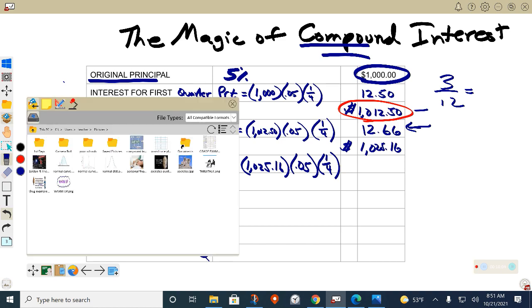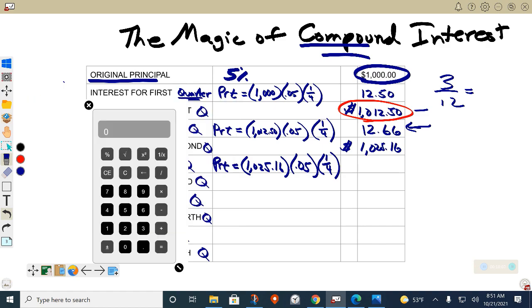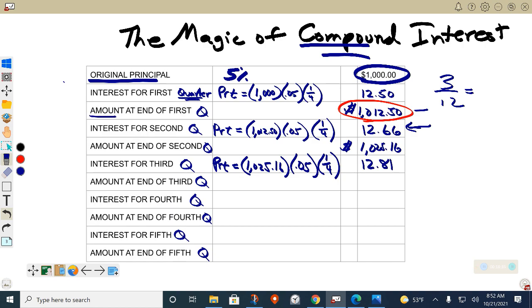What's the interest now? 1,025.16 times 0.05 equals, divided by 4, $12.81. It's grown. So the interest for the third quarter is $12.81. That's how much it grew.